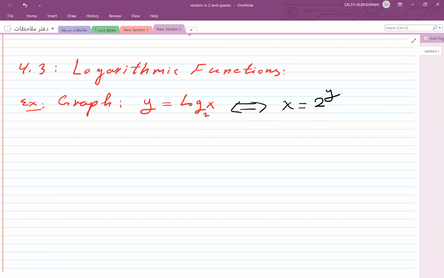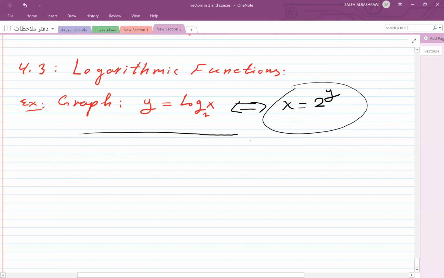Now for x equal to 2 to power y, as we did in the last section, graphing the exponential function, but this time my independent variable is y, and my dependent variable is x. In this form, it is x equal to 2 to power y. So to graph this one, I'm going to use y to be my independent variable.